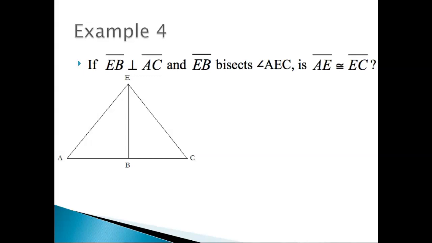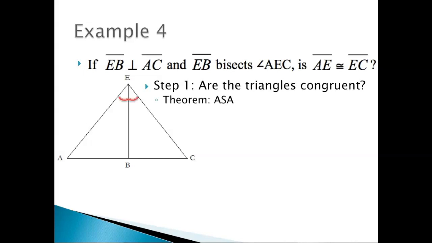So we're told that EB bisects angle AEC, and anytime something bisects something, it means that it cuts it in half. That means angle AEC is cut in half. So here I can draw out that angle AEB is congruent to angle CEB. We also know that EB is perpendicular to AC, so I can draw right angles in there.